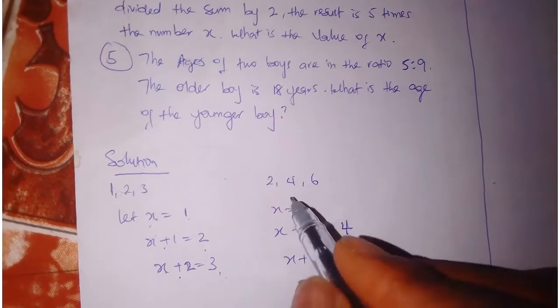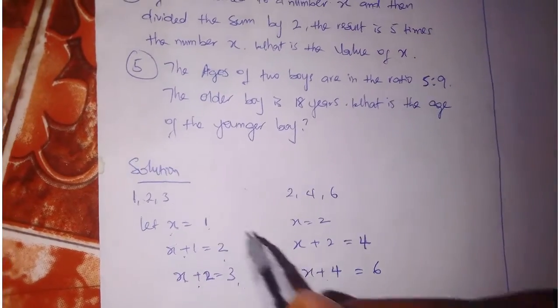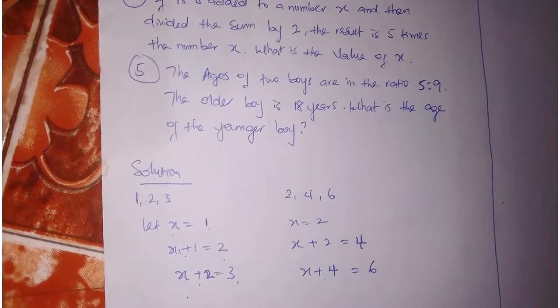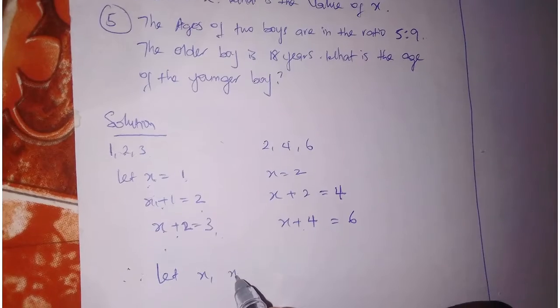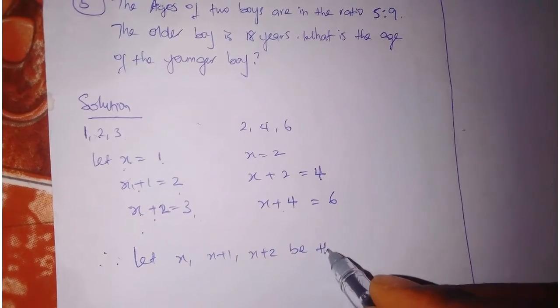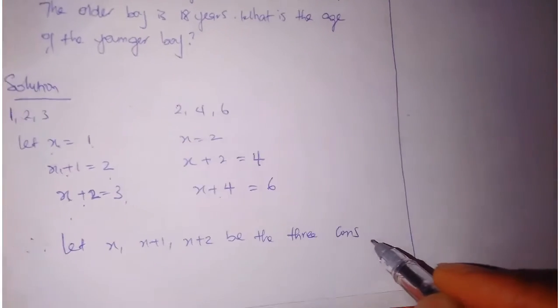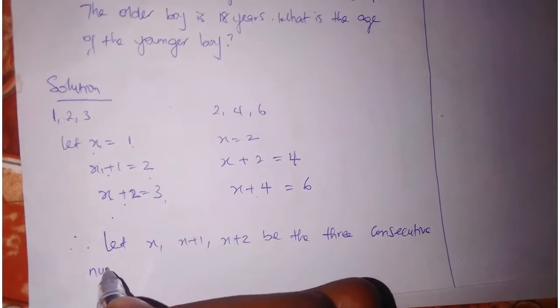So if I was to use these consecutive numbers, I'm going to use x, x plus 2, and x plus 4. But let me use x, x plus 1, and x plus 2 as the three consecutive numbers.